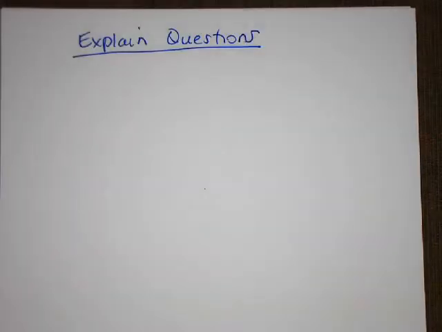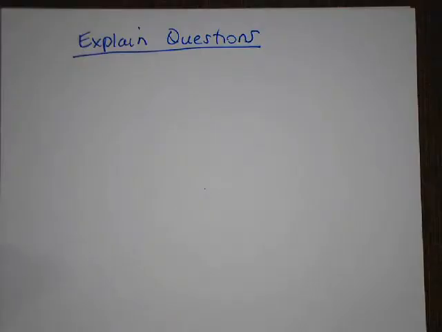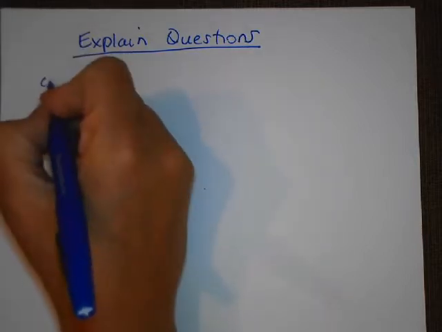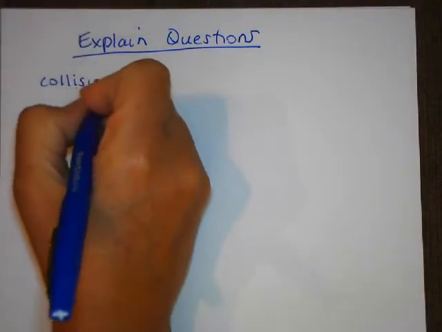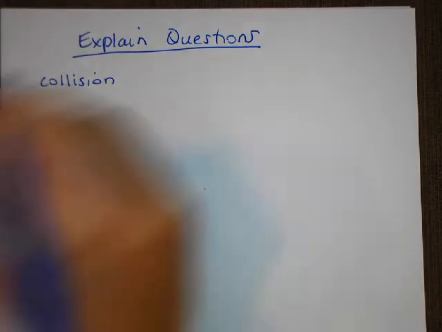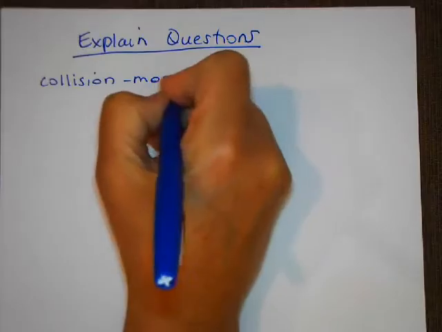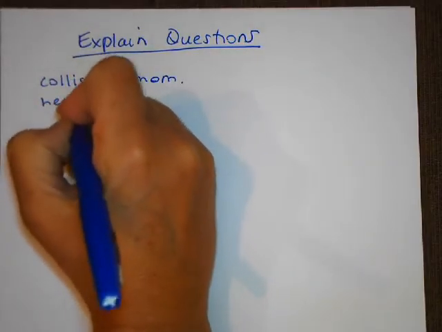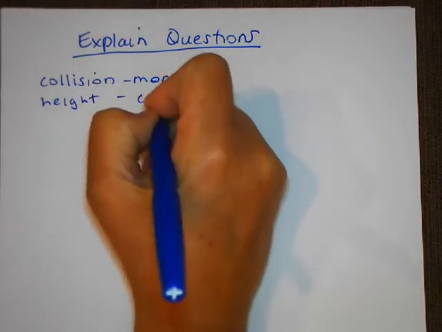No matter what the problem is, you're going to look at it and it says, oh, explain something. So first of all, you want to look at the problem and say, what's going on? If there's a collision, maybe I'm going to do something with conservation of momentum. If there's a change in height, maybe do something with conservation of energy.